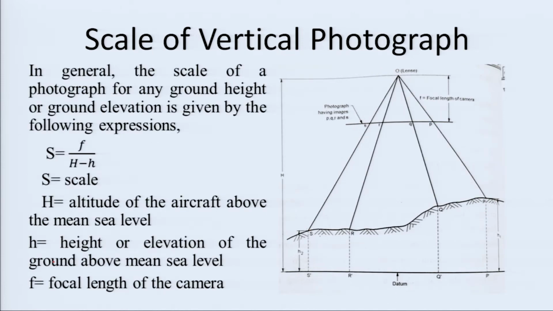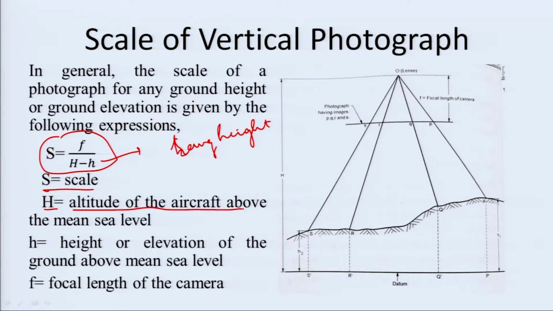Generally, the scale of a photograph for any ground height or ground elevation is given by the following equation, that is S is equal to f upon capital H minus small h. Here S is the scale, capital H is the altitude of the aircraft above the mean sea level, that is datum, and small h represents the height or elevation of the ground above the mean sea level.